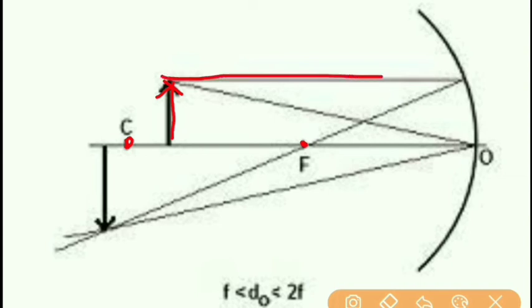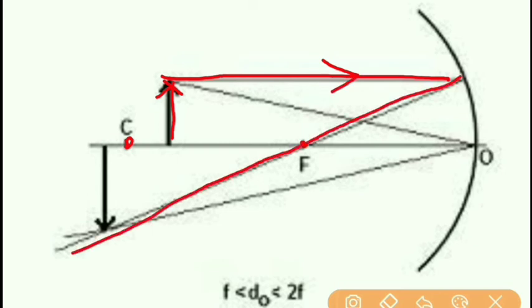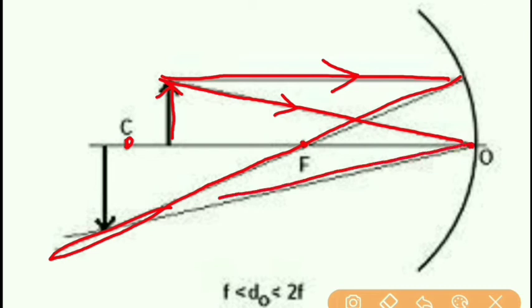Where is the image formed? So this is the parallel ray. After reflection, it passes through the focus. Then one ray which is towards the pole, the incident ray, after reflection intersects at this point, and so the image is formed here.